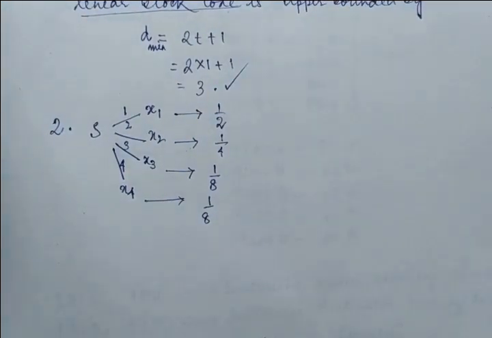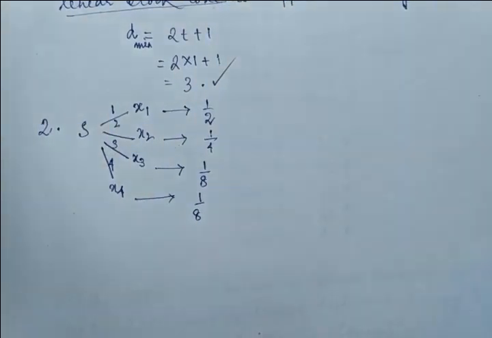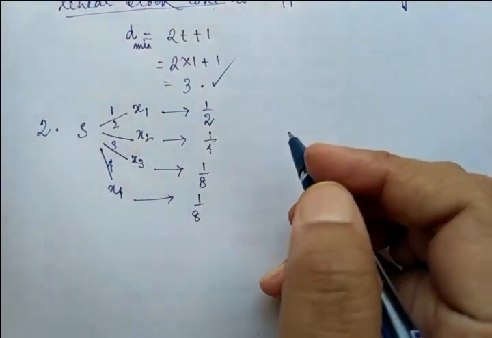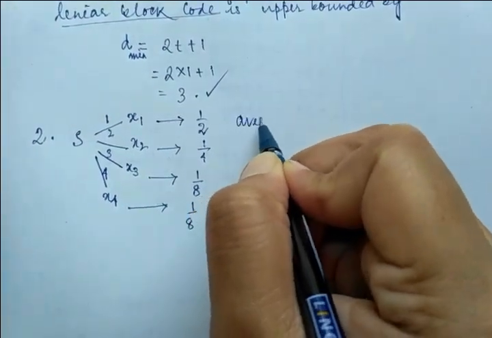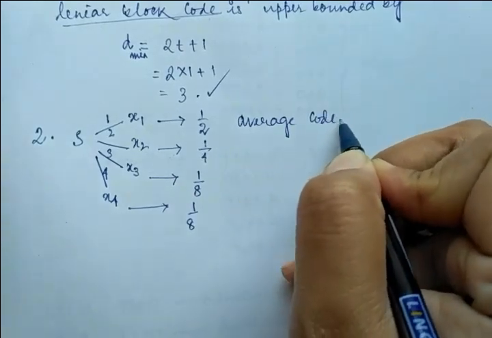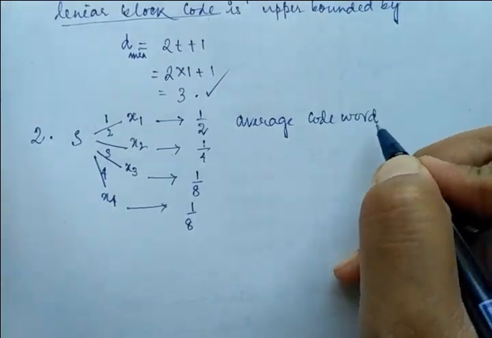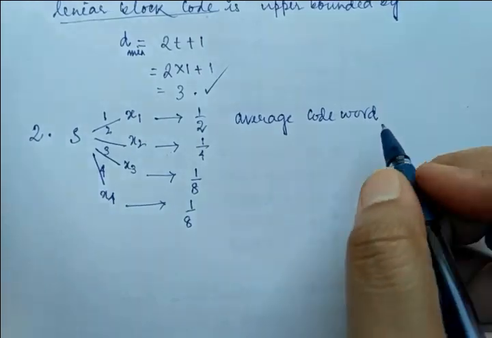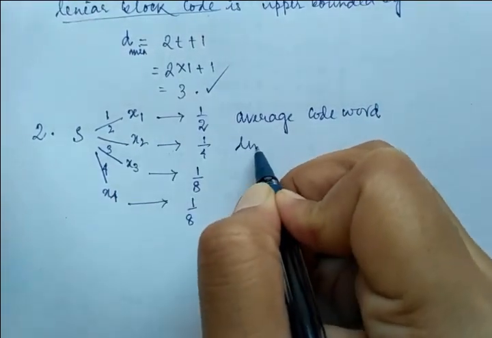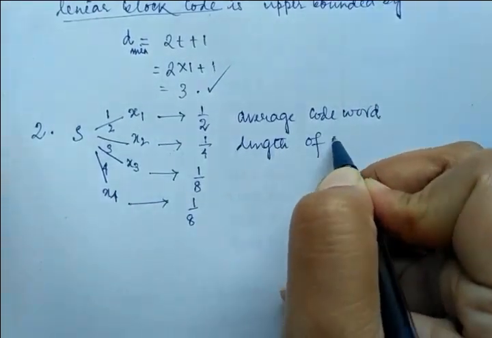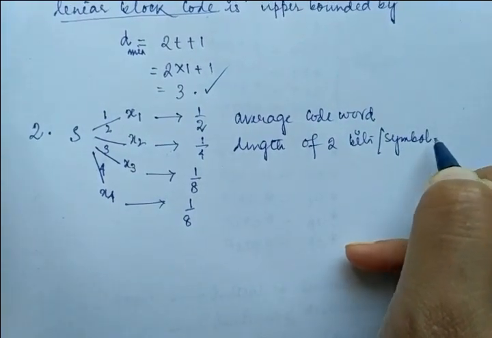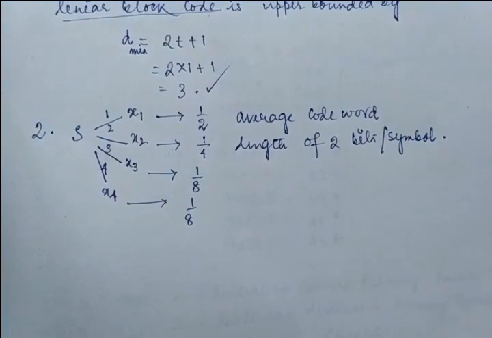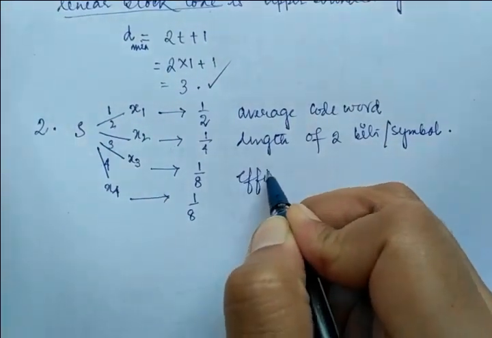And the question given is that for this source a particular coding scheme has an average code word length. So I am writing here, average code word length, and that is 2 bits per symbol. Right? And you have to calculate the efficiency of the code.